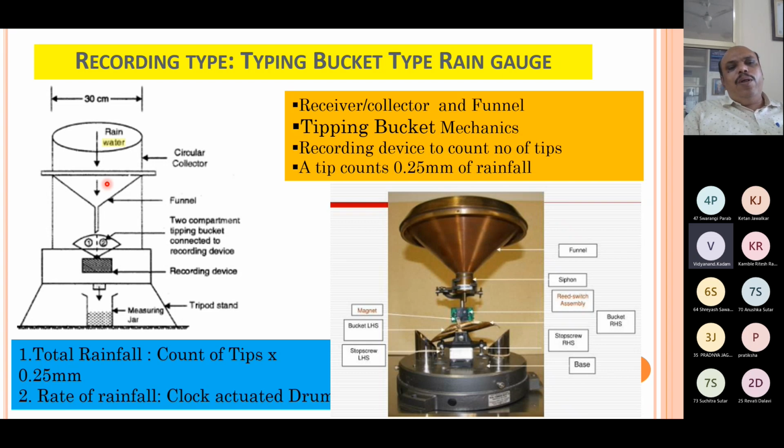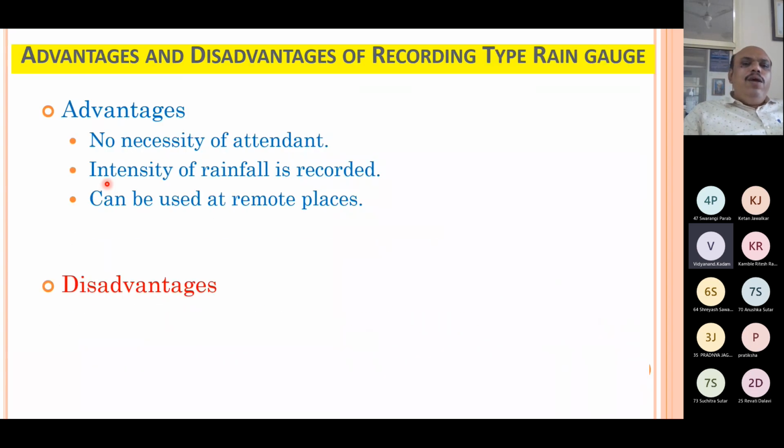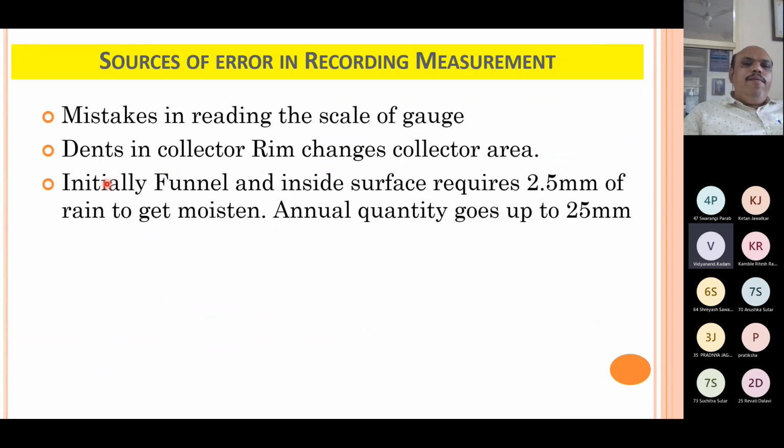So for initial moistening of this area, how much rainfall is necessary? 2.5 mm of rain is necessary when it is dry. And this quantity goes annually up to 25 mm.